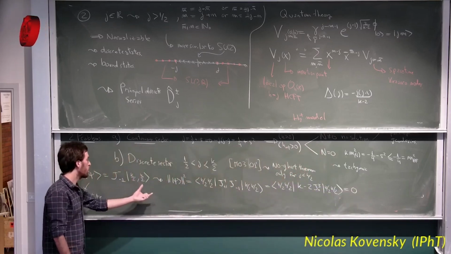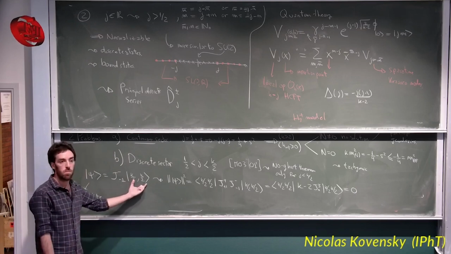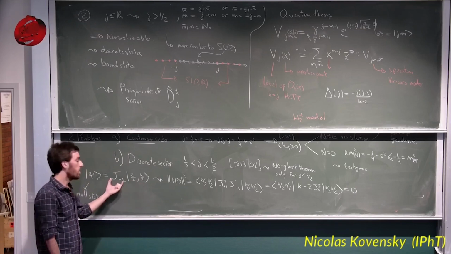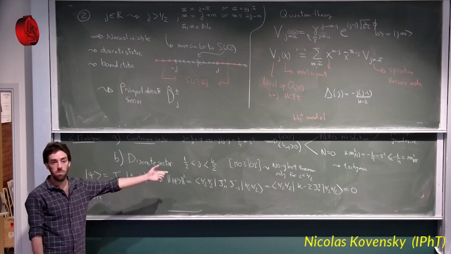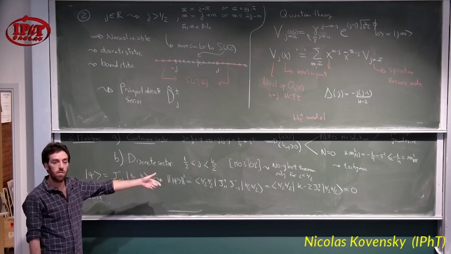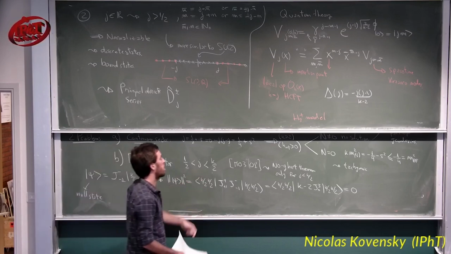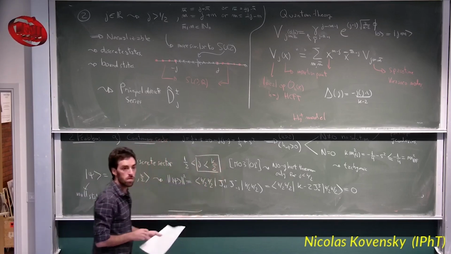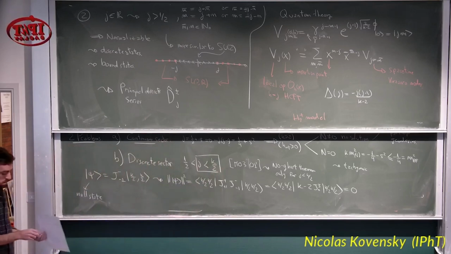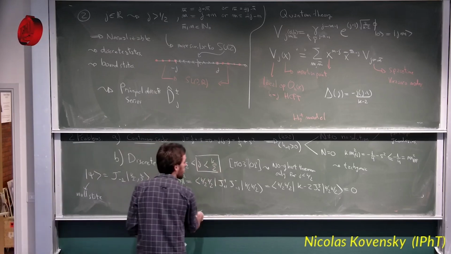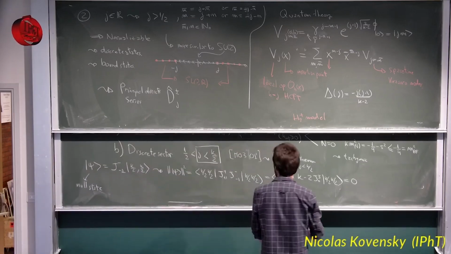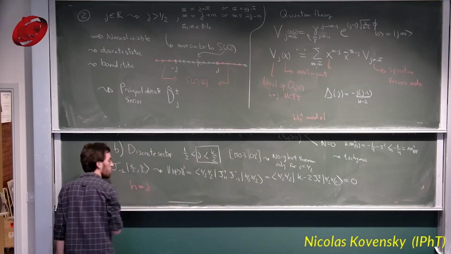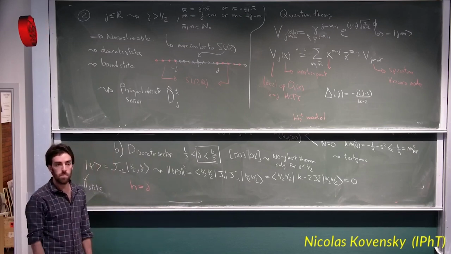Okay, so I have a state which is a descendant. That's something that seems a reasonable primary state. I have an affine descendant at level 1 which has norm 0. This is where I start having problems, and this is ultimately, in some sense, why you get this type of restriction, right? So, okay, this may seem fine, but the problem is that we identified the space-time weight with the value of j, right?